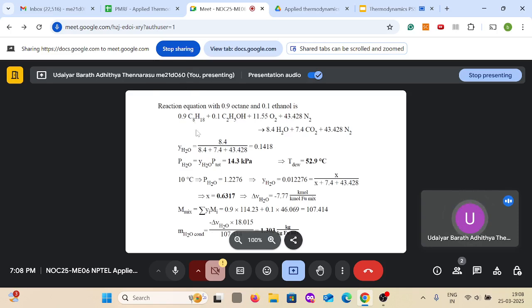So 1 times the molar mass of fuel will give you the mass of fuel, and the mass of water which has condensed is the change in moles of water, which is 7.77, times the molar mass of water, which is 18. So 7.77 times 18.015 divided by 107.414 gives you 1.303 kg. So 1.303 kg of water is condensed per kg of fuel.